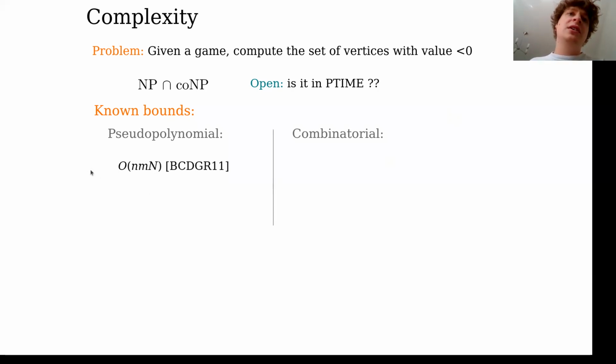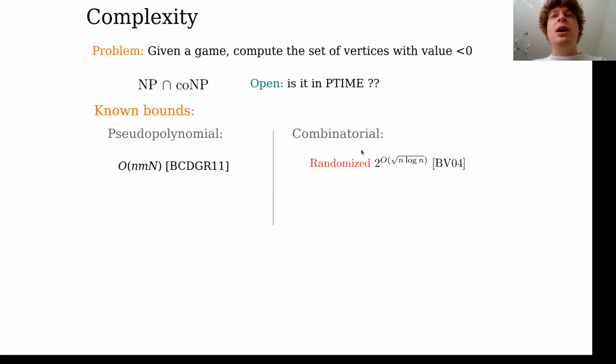This was established by Brim, Chalupka, Doyen, Gentilini, and Raskin in 2011. This algorithm relies heavily on the link between Mean-Payoff and energy games that we highlighted on the slide before. It's quite a simple algorithm that we will call the value iteration algorithm.